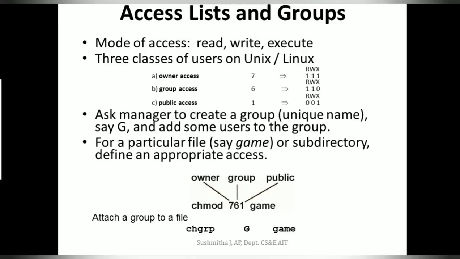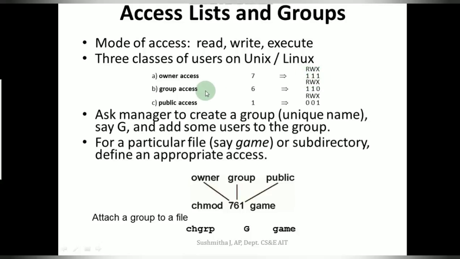In a couple of slides before, in the previous class, I was talking about read, write, execute many times. So this is how it is. Now I have read, write, execute. The owner has all the permissions of read, write and execute.